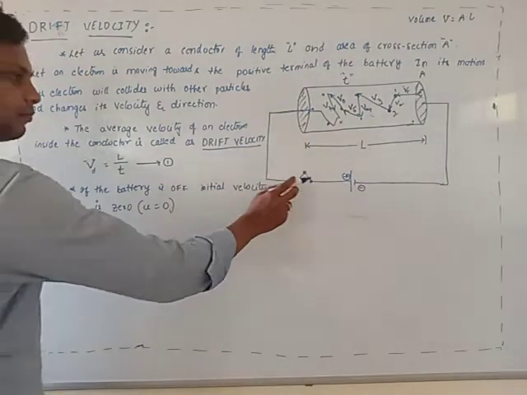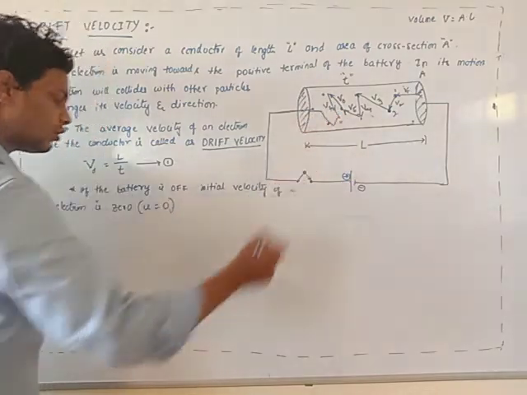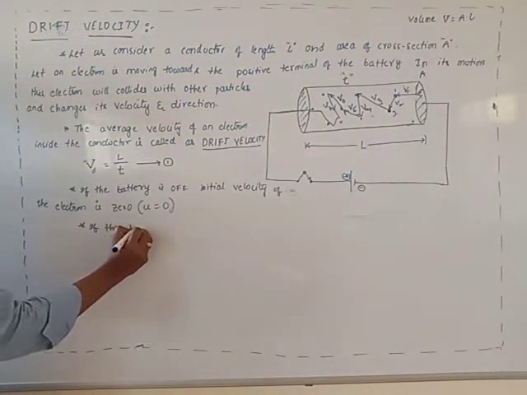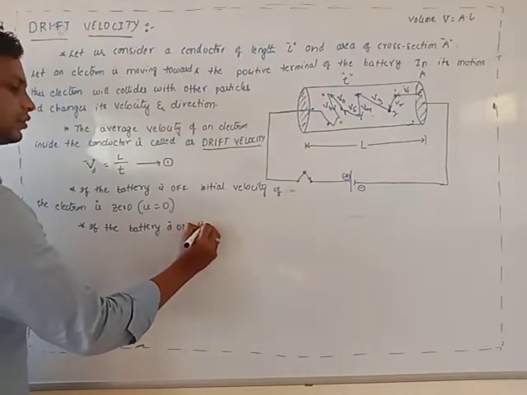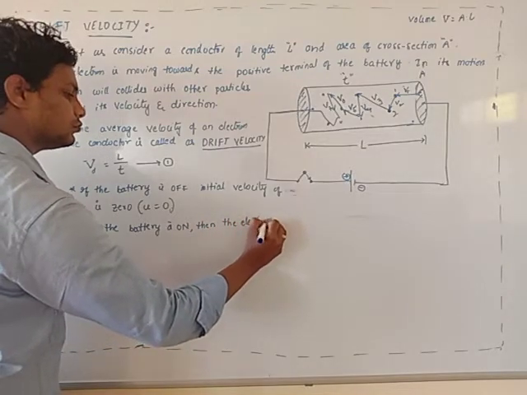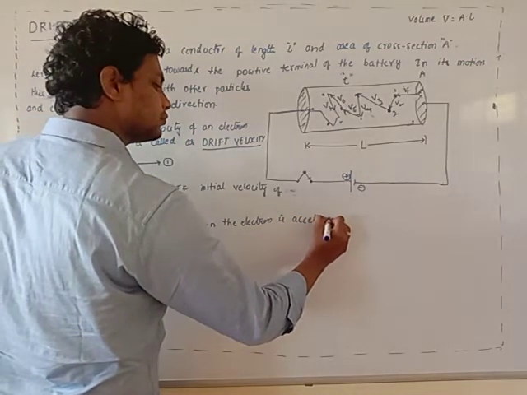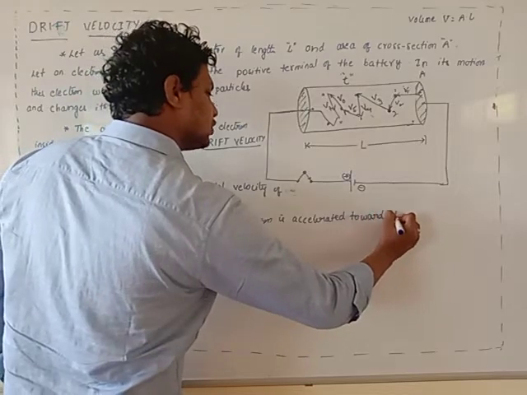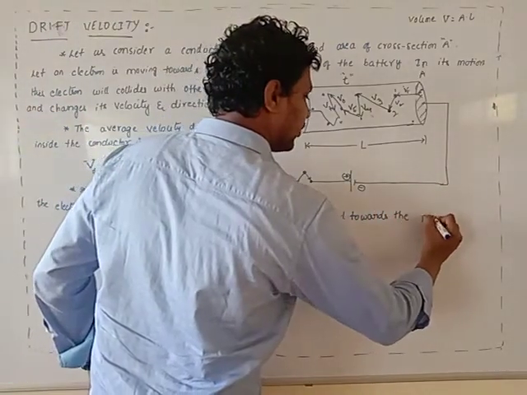Now, if we connect the battery, then the electron is accelerated towards the positive terminal of the battery. For example, if the battery is on, then the electron is accelerated towards the positive terminal of the battery.